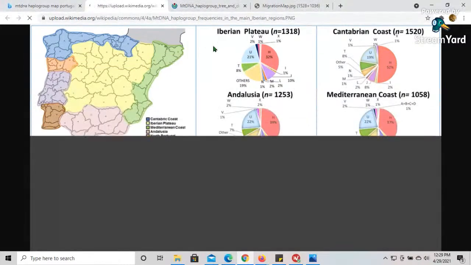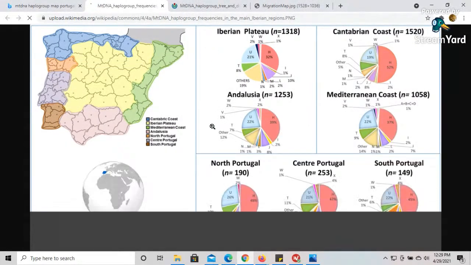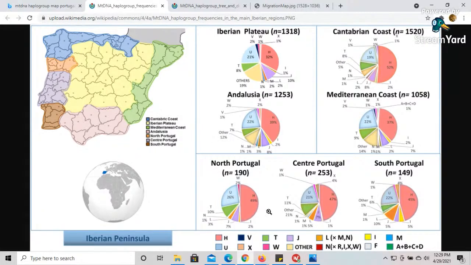Okay, so this, oh, here we go. North Portugal, Central Portugal, South Portugal. So you will notice we have the H, the J, the L, the N, the T, the U, and the W. The H, the J, the L, the M, the N, the U, the W, the X. Remember, the X is still Semitic.